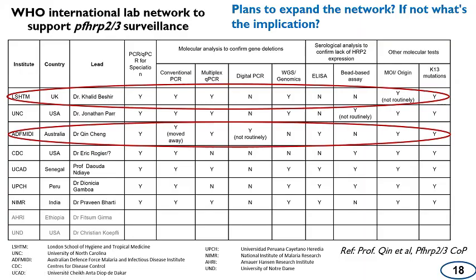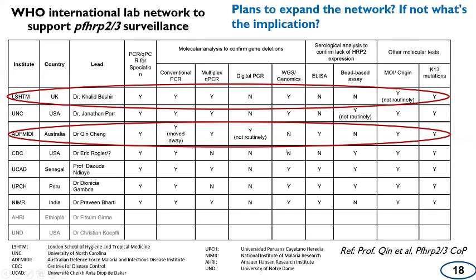So the WHO has got a network of specialized laboratories that are accredited to run these surveys. And for us in Uganda, we've been collaborating with Dr. Karid of the London School of Hygiene, where I'm also an investigator, but also in Australia with Dr. King.